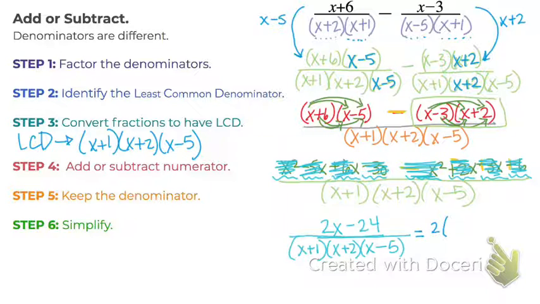So this is the same as 2 times x minus 12. Now, the reason this is important is if there happened to have been an x minus 12 in my denominator, then I could just cancel those out, and that would simplify it more. That's not the case here. The denominator is still that x plus 1, x plus 2, and x minus 5. So this right here then would be our final answer.